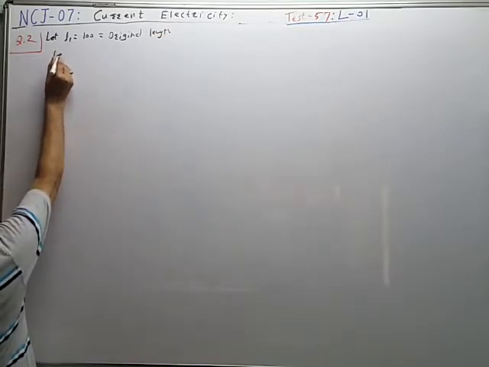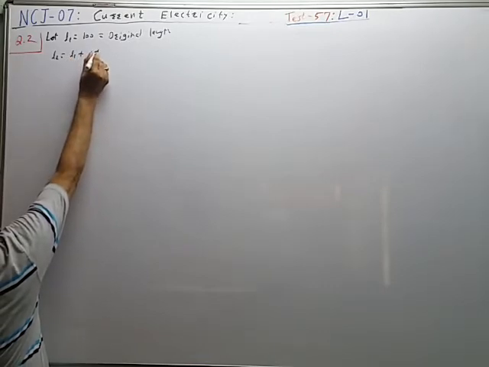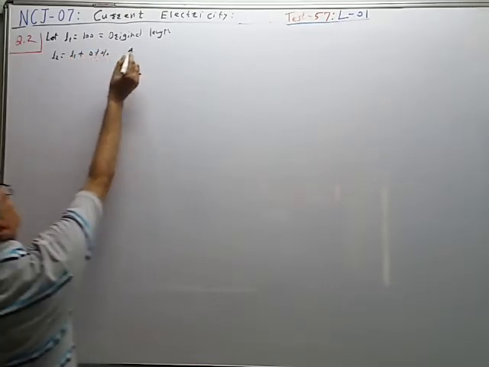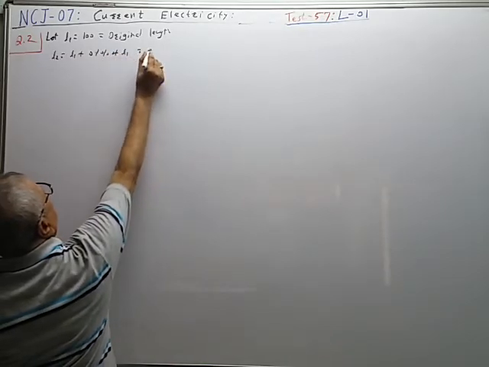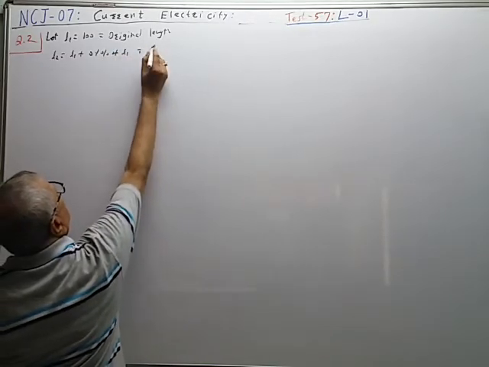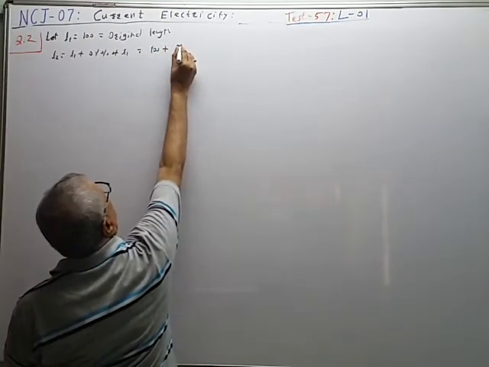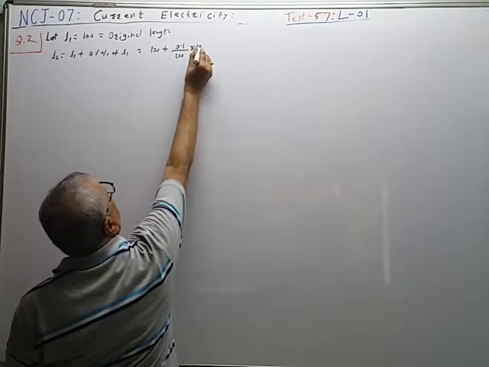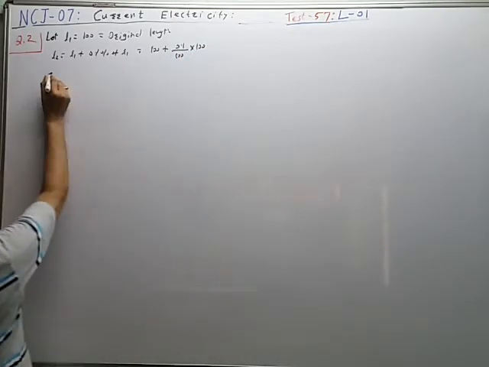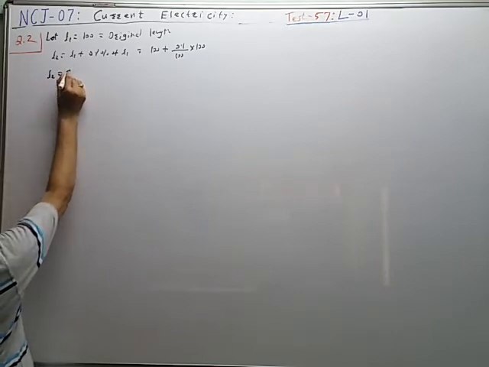L2 is equal to L1 plus 0.1% of L1. So 100 plus 0.1 upon 100 multiplied by 100. So L2 is equal to 100.1.